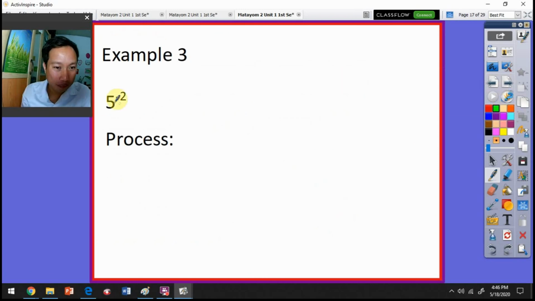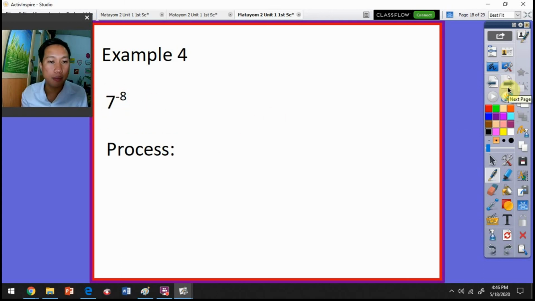Okay, let's figure things out. Example number 3. Base, exponent. Now the process, 1 over base exponent. No negative sign. Okay, so 1 over 5 to the power of 2. All right, very simple.